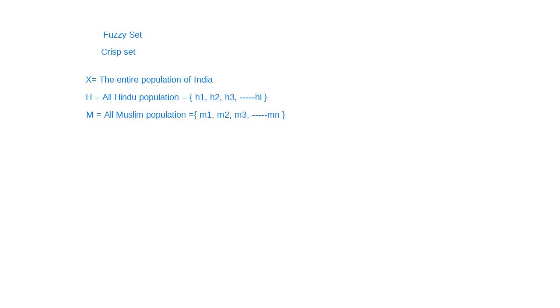So I can draw it diagrammatically also. A crisp set can be clearly described through a graph.